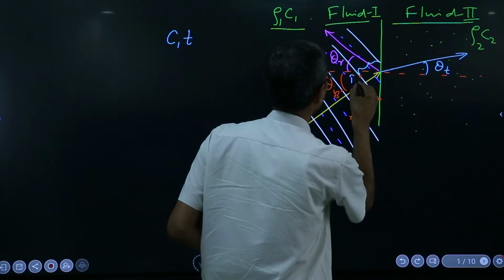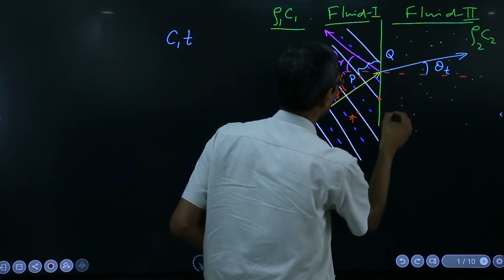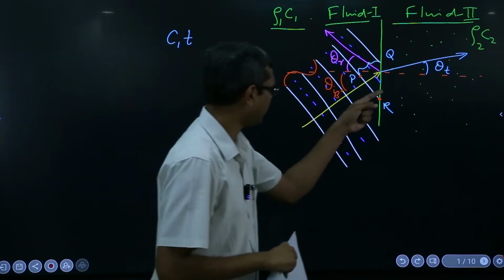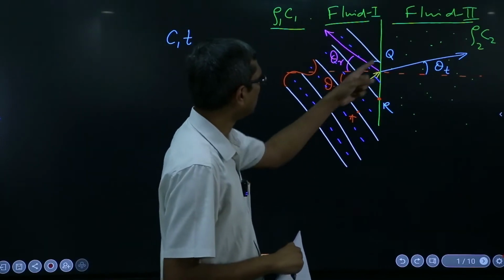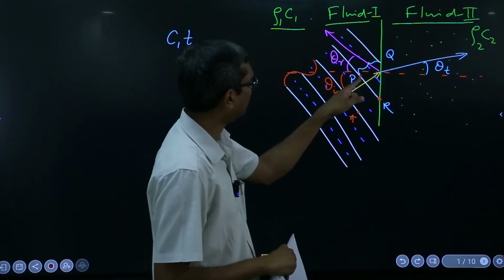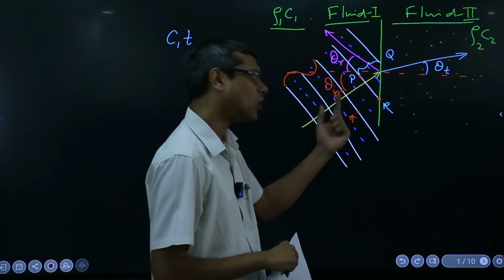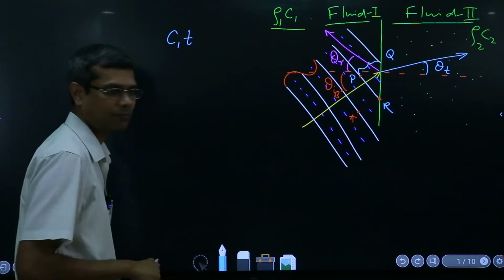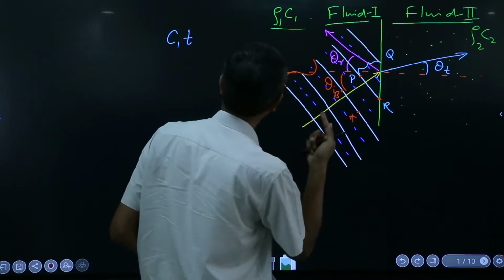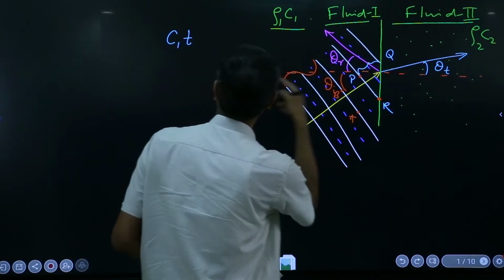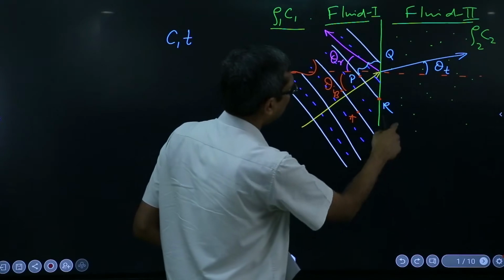So this is P, this is Q, this is R. R is the point where A first met fluid 2, Q is the point where B met fluid 2, and P is the point where B was when A met fluid 2. So this distance is C1t.